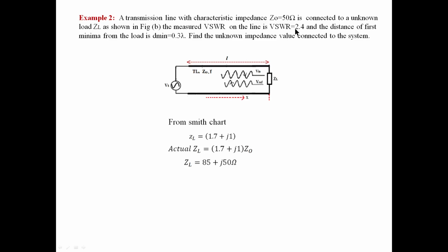It is given, and the distance of the first minima from the load is 0.3 lambda. From the minima position, the load is at a distance of 0.3 lambda. Both are the same. Find the unknown impedance value connected to the system.